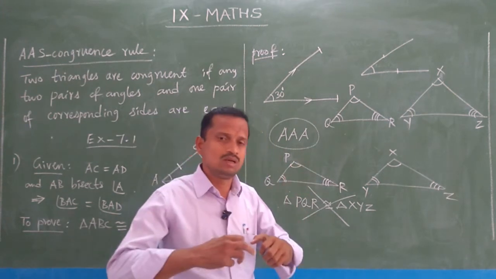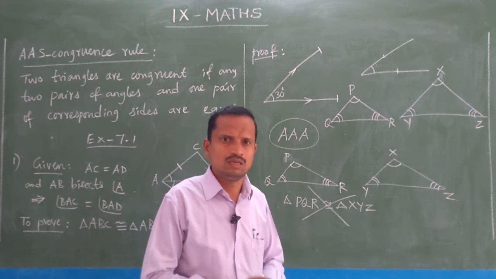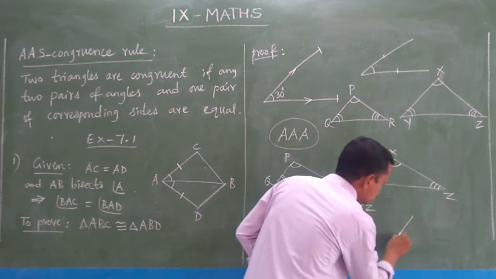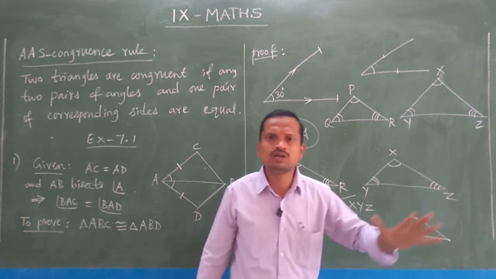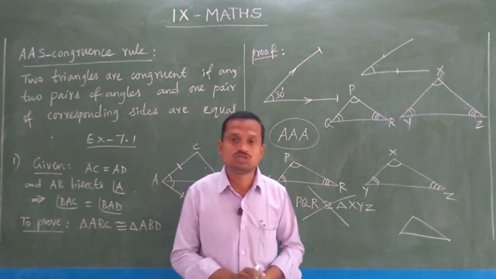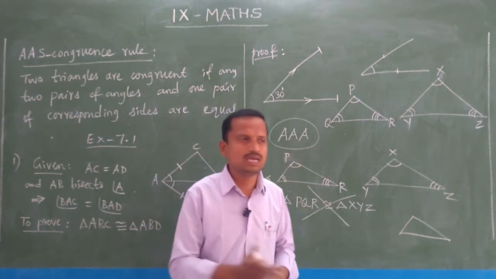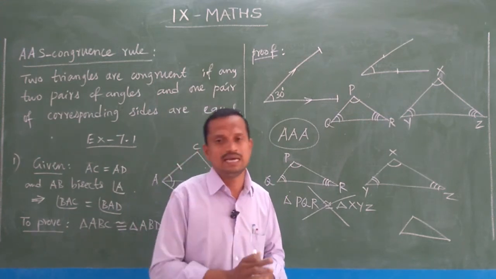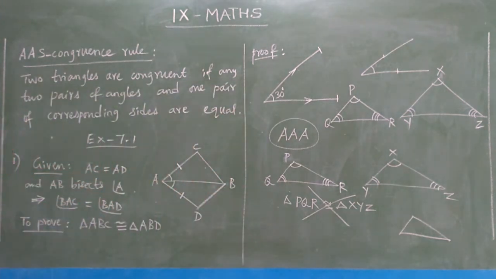When you maximize or zoom a triangle, the angles will not change, but the size ratio definitely gets changed. So if only the corresponding angles are equal in two triangles, we cannot say they are congruent triangles. Clear? And now we move to the next exercise, 7.1.